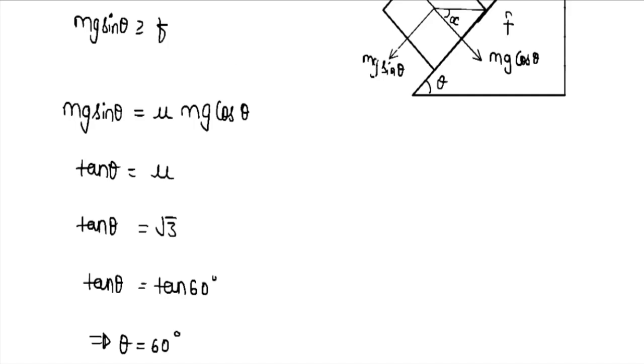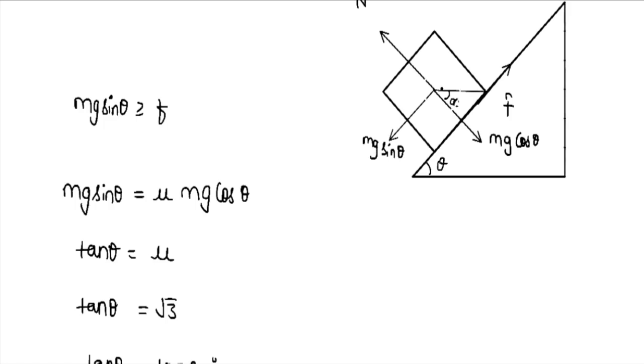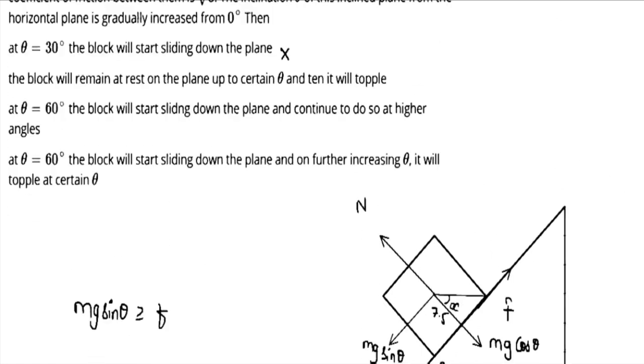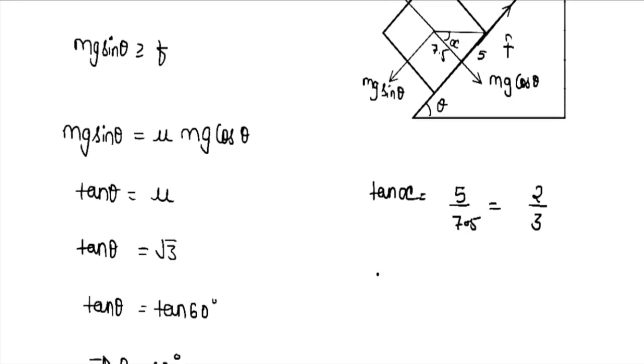And from the data given in the question, its height is 15, so this will be 15 by 2, which is 7.5. And its width is 10, so it will be half of 10, which is 5. So if we write tan alpha, it will be 5 by 7.5, which is nothing but 2 by 3. So our tan alpha is 2 by 3.